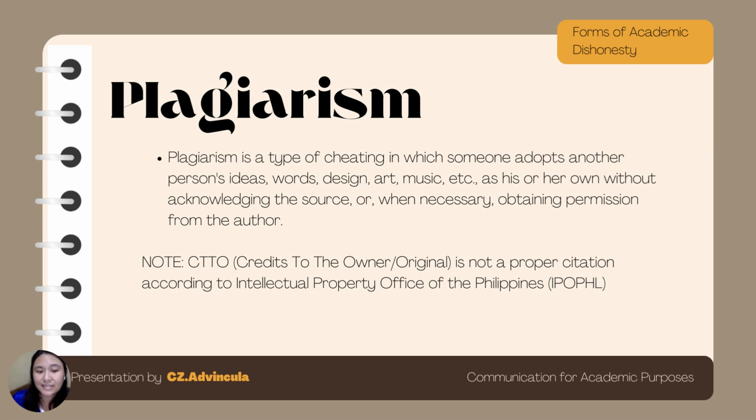And then the next is plagiarism. So plagiarism is a type of cheating in which someone adopts another person's ideas, words, design, art, music, etc. as his own without acknowledging the source or, when necessary, obtaining permission from the author.